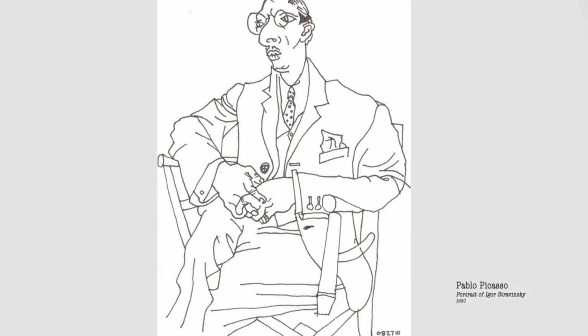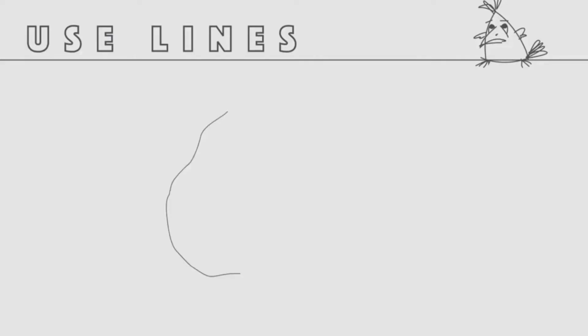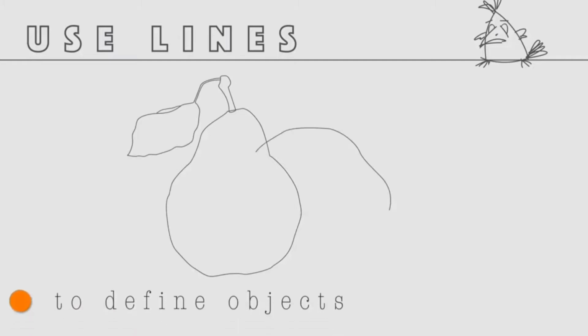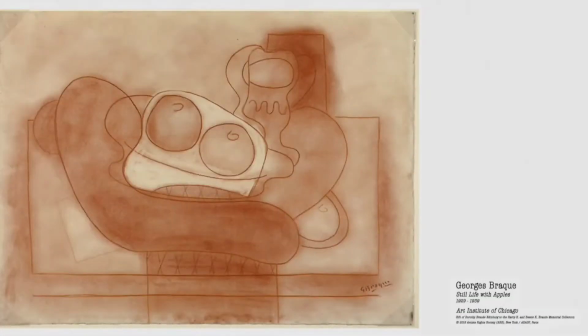We use line to define objects and shapes and space, to outline the shape or sketch thumbnails, and plan a composition layout before painting.